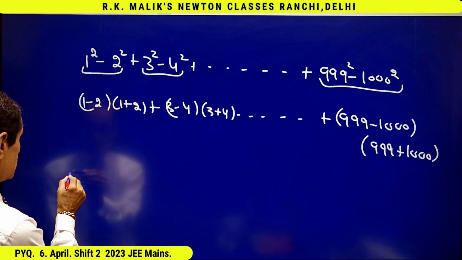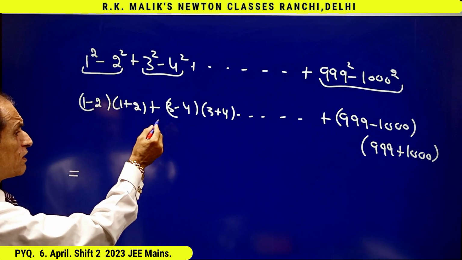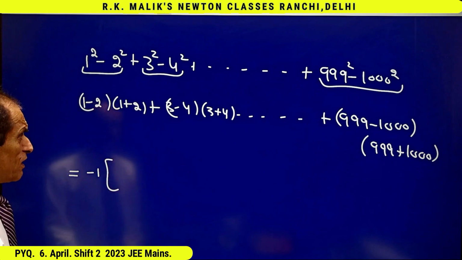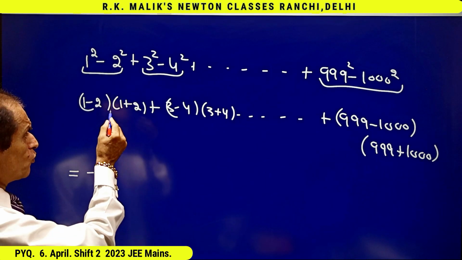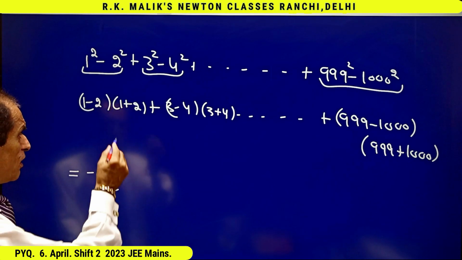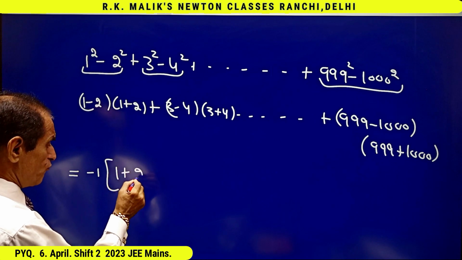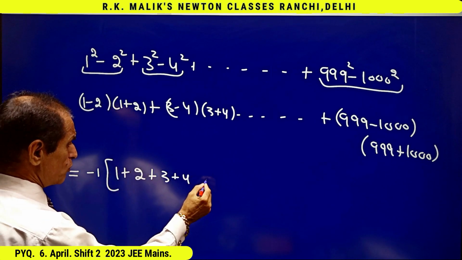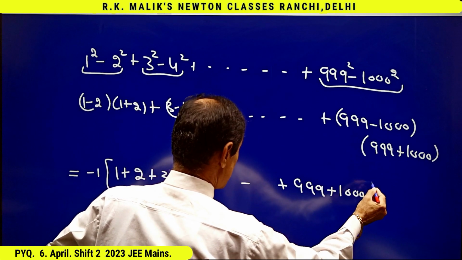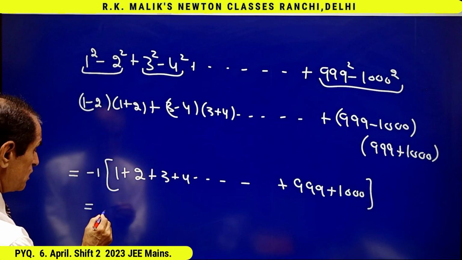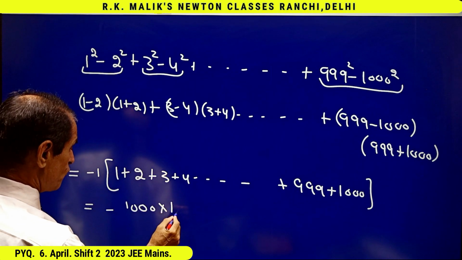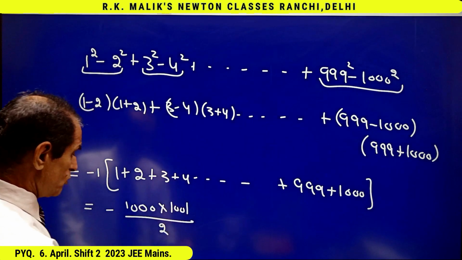This is equal to, now one part is always minus 1, therefore minus 1 can be taken common. In the interior part, it's not good to add these as 3 plus 7 etc. It is better to write 1 plus 2 as it is: 1 plus 2 plus 3 plus 4 up to 999 plus 1000, and now the sum is 1000 into 1001 by 2.